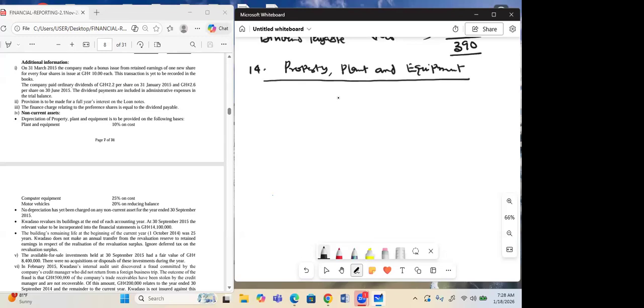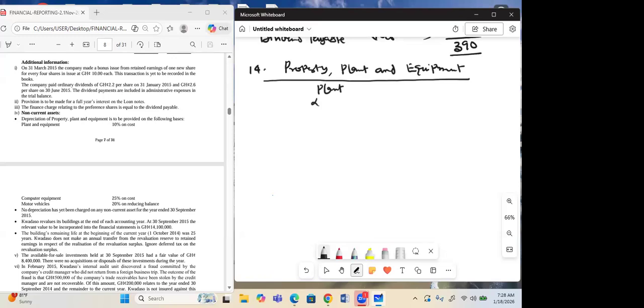Now, what were the PPE items? Look in your depreciation and mention all the PPE items for me, one after the other. Plant and equipment.